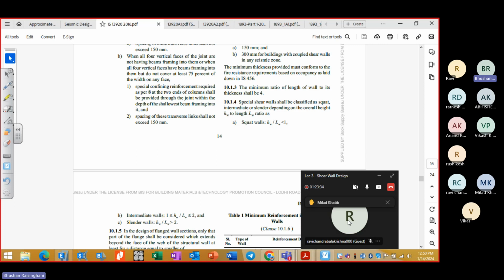Yes, sir, you can speak. Concerning the coupling beam, if I have two different structural elements, like the shear walls you talk about, and I need to connect them, this element that laterally connects them, we call it the coupling beam.